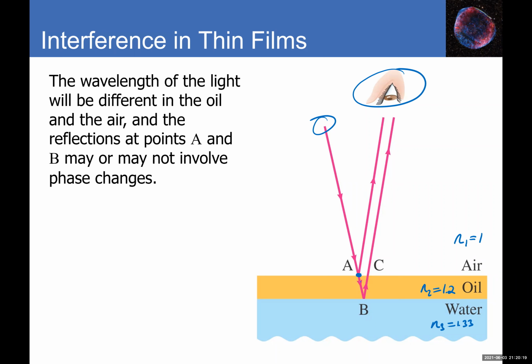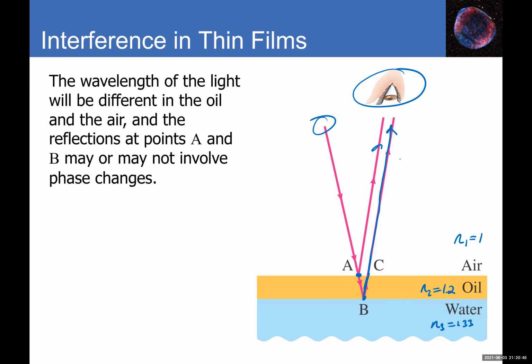But when the refracted light hits point B, some of it will also reflect. When it reflects, then at point C, it comes out from oil into the air. This will be the second reflected light. That means you have reflected ray 1 and reflected ray 2.